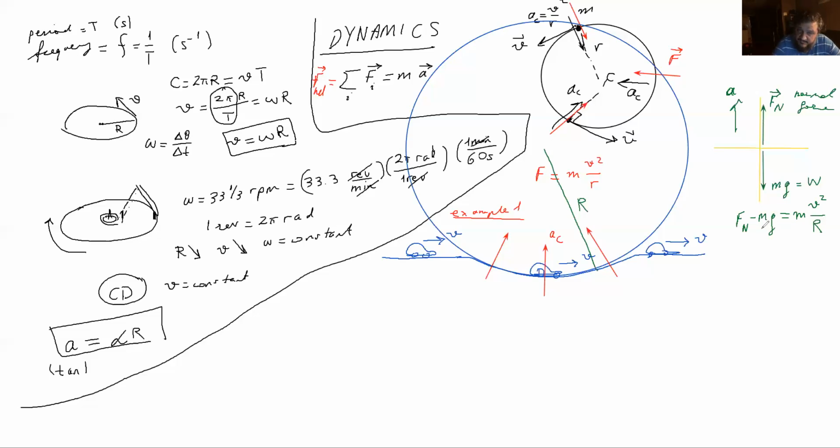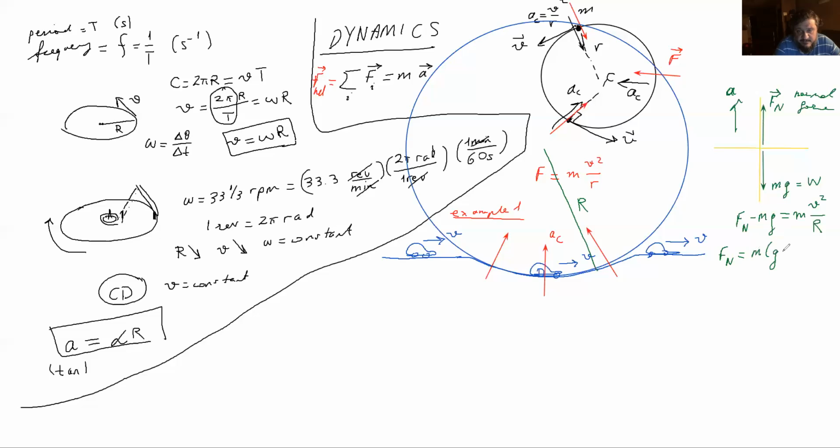Fn, normal force, minus mg is equal to m times v squared over r. Now what to do with this? Well, I can rearrange it. I can write Fn as, bring this term to the right-hand side and factor m out.